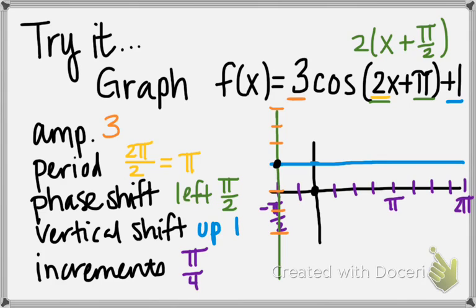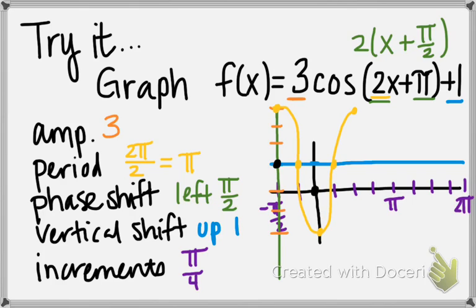So I'm just going to start, just like my cosine function does, above the origin. I'm going to go to the baseline, then go 3 below the origin, go back to the baseline, go 3 above the origin, and if I draw a cosine curve through that, I have one period of my function.